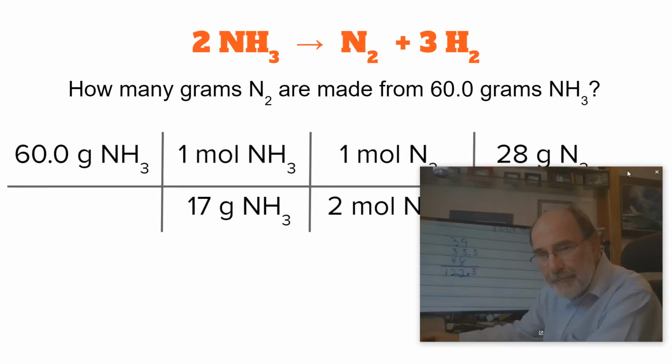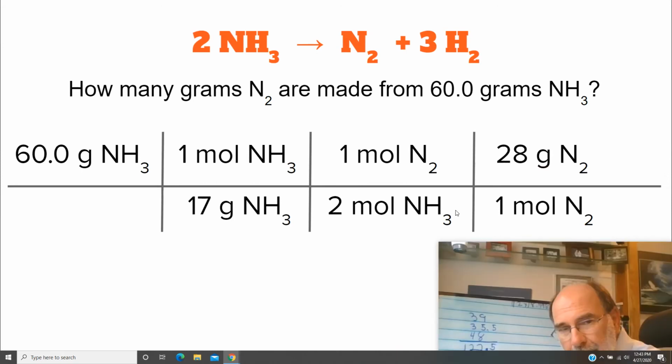Here we go. And you can see they rounded off a little bit too. So first column, numerator, is what we start off with, 60 grams of ammonia. Second column converts from grams of ammonia to moles of ammonia. Third column, based on the balanced chemical reaction, converts from moles of ammonia to moles of nitrogen gas in the ratio of 1 mole of nitrogen gas in the numerator for every 2 moles of ammonia gas in the denominator.